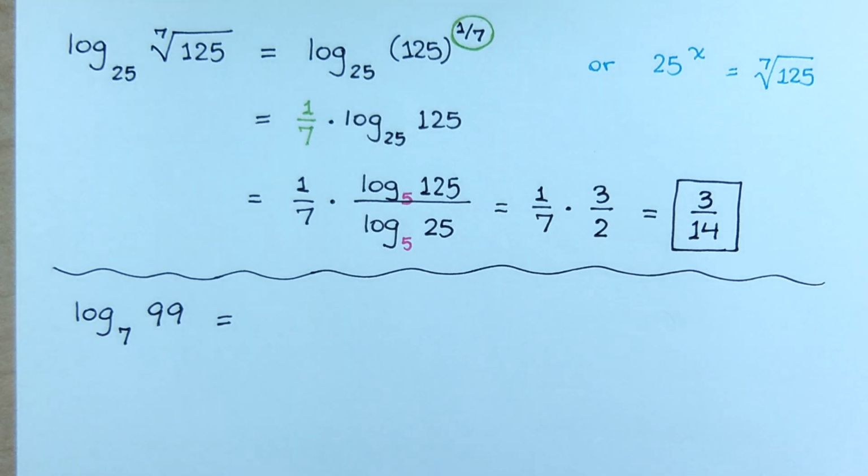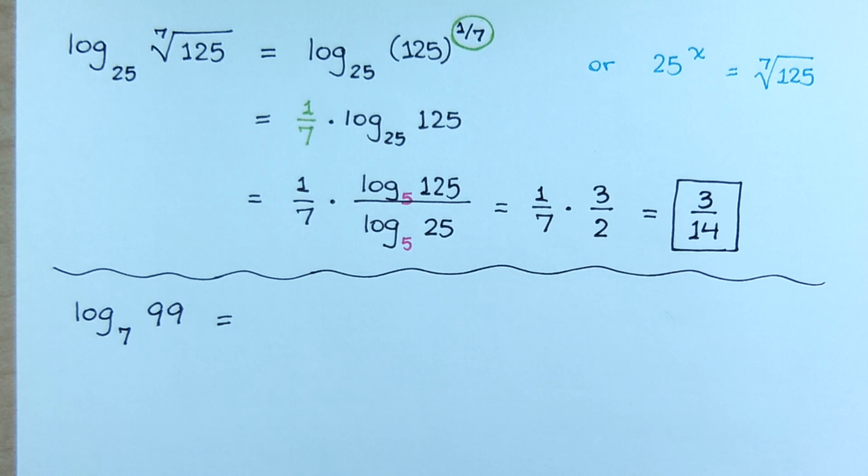If you have log base 7 of 99, do these have a common base? Do 7 and 99 have a common base? I don't think they have a common base.